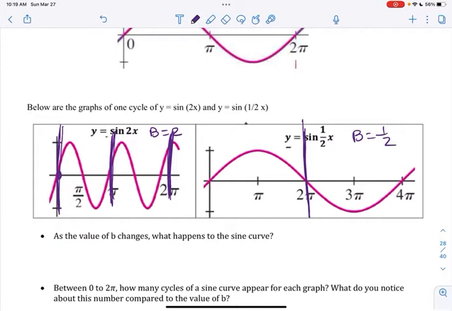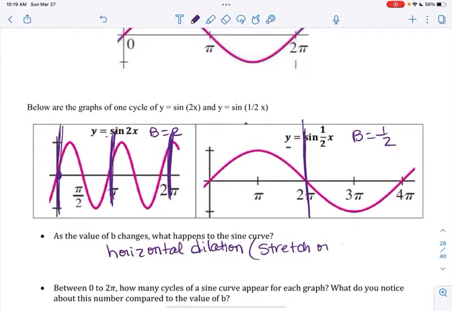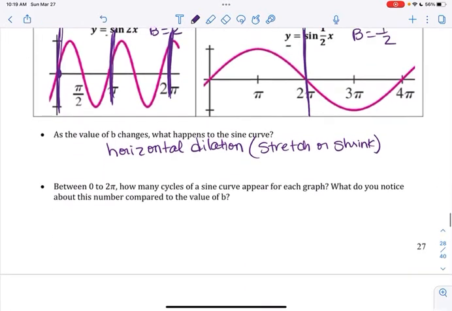So as the value of B changes, it's a horizontal dilation. You can either stretch it, like I did with y equals sine of 1/2 x, or shrink it, like I did with y equals sine of 2x. So the B is affecting the horizontal dilation.